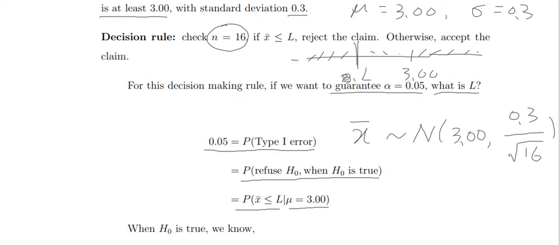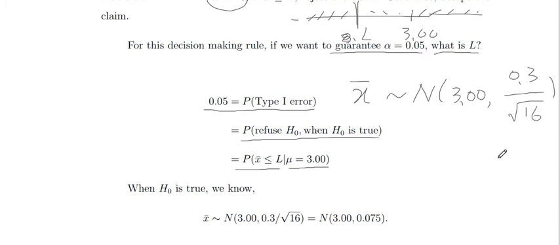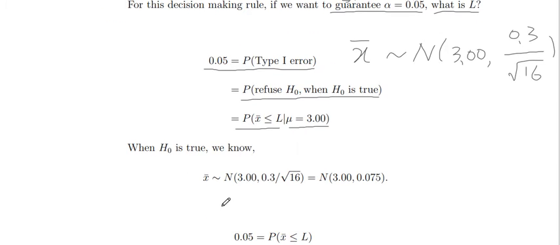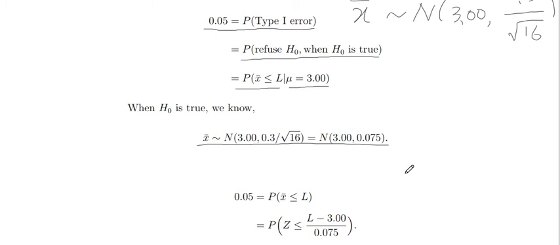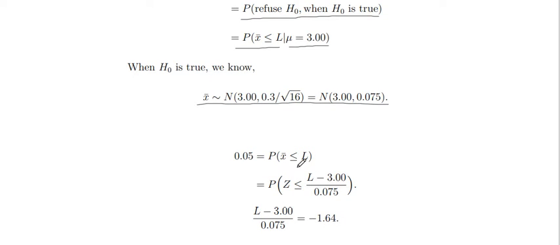With a little bit of calculation, we find this is 0.075, right? Radical 3 over 4. Then we want to find a cut point such that the probability of X bar less than L is 0.05.